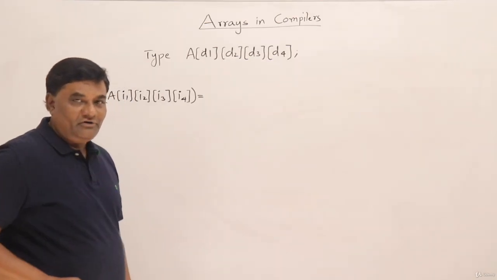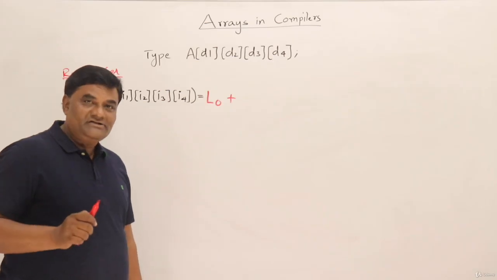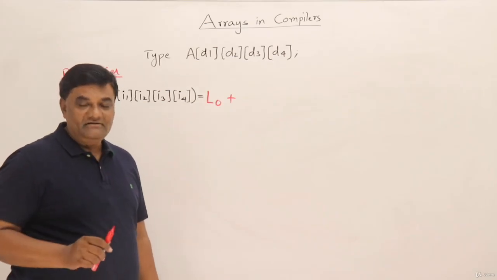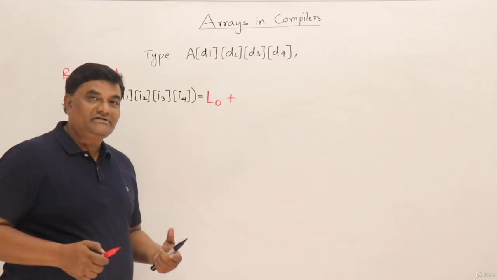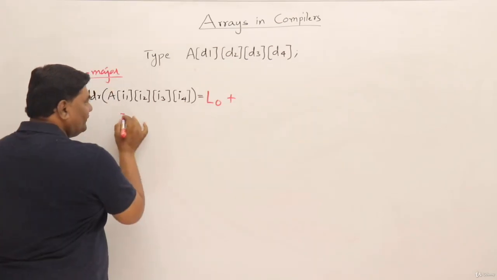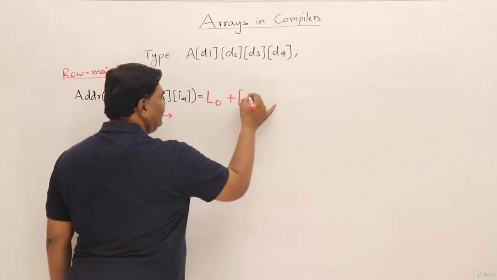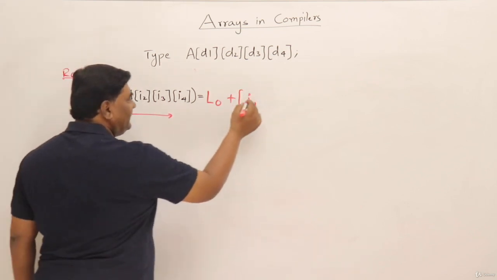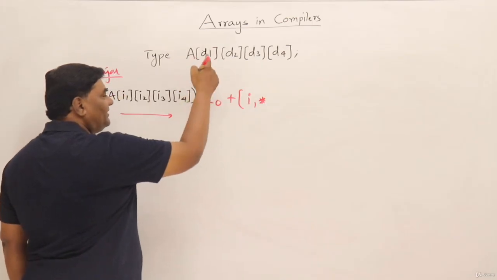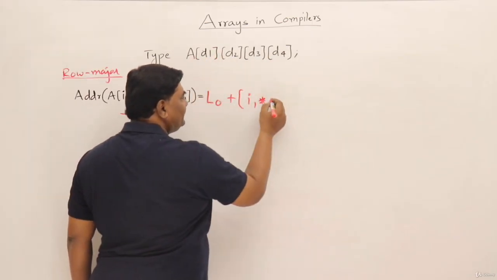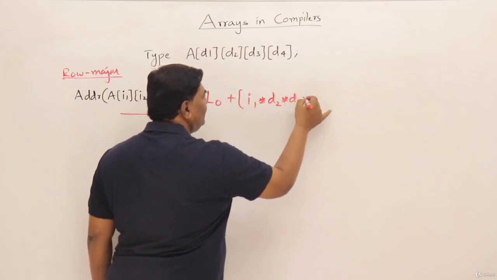So let me prepare the formula for row major. In two-dimensional arrays I have already explained that row major is done from left to right and column major is from right to left. So we will go from left to right. So let us take first I1, the first index, multiplied by, leaving the first dimension, the rest of all the dimensions. So this is D2 into D3 into D4.